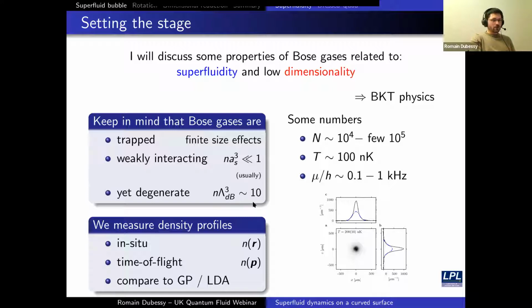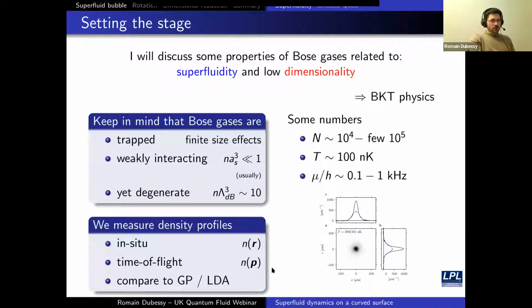And in my talk, I will show you many pictures of our system that are real experimental density profiles that we record either in situ, so we get the atomic distribution as a function of the space coordinate, or after a time of flight experiment, that is, we switch off the trap and let the gas expand, and in this way we record something that is close to the momentum distribution.